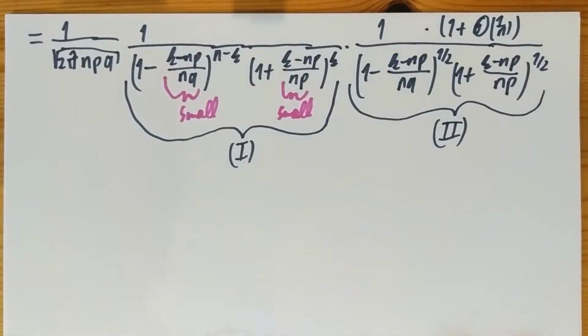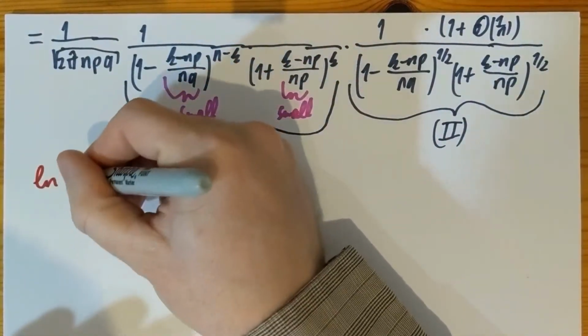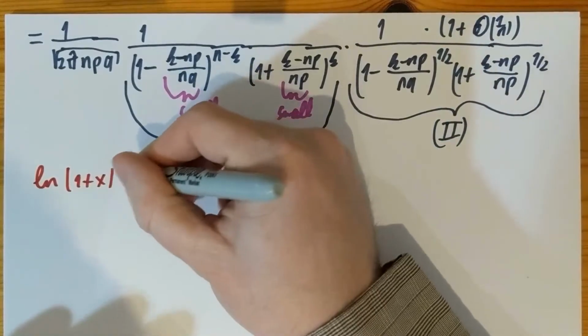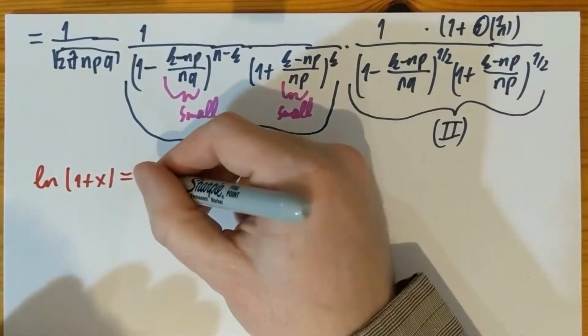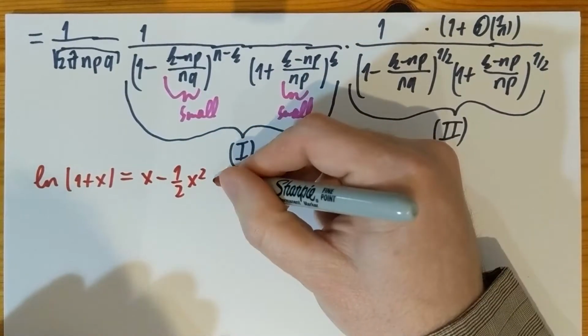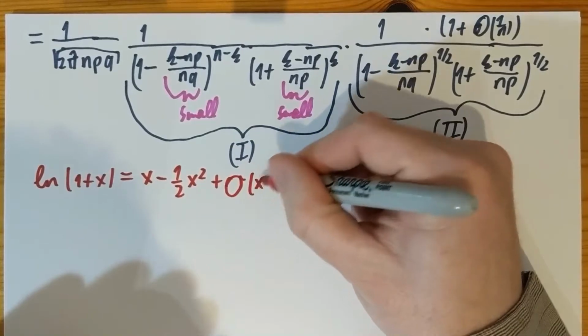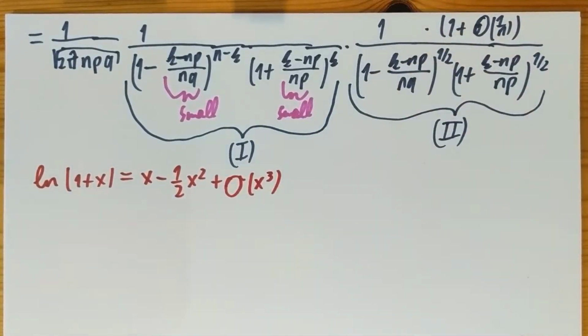To deal with that, I'm going to use the fact that log of 1 plus x is x minus 1/2 of x squared plus big O of x cubed.